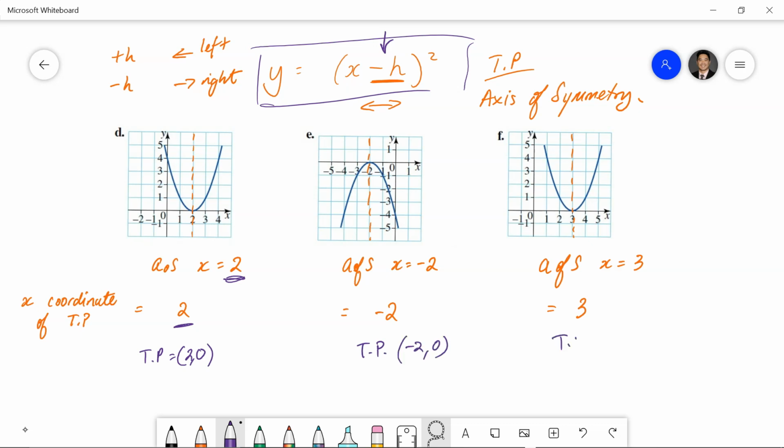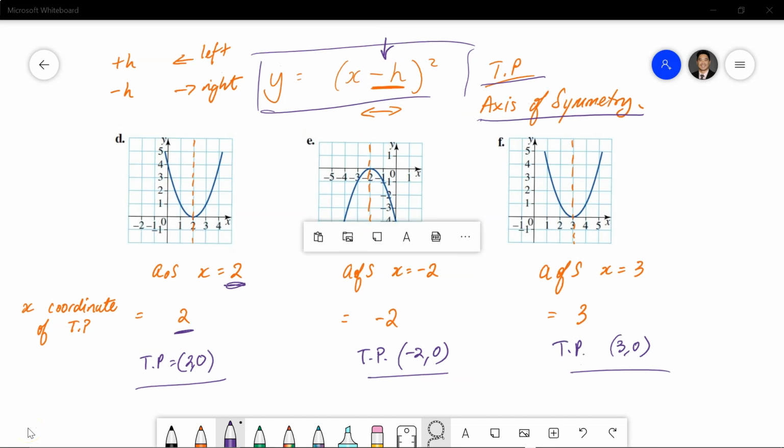And here we have our turning point being 3 and 0. Obviously we haven't done any vertical translation, but purely based on this model that we have right now, these are the two things that I want you to take away from the turning point as well as the axis of symmetry, that they have in common.